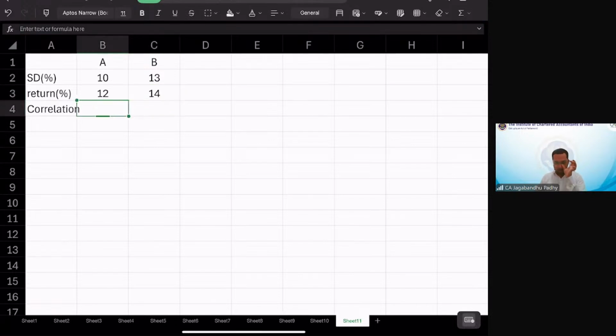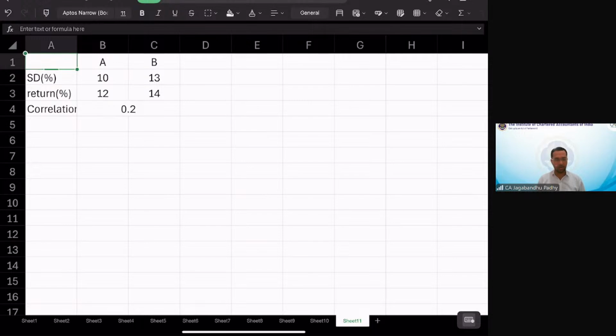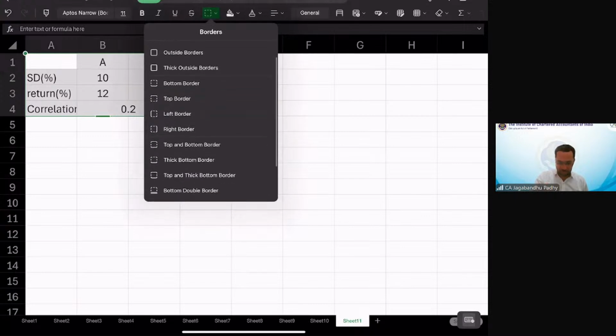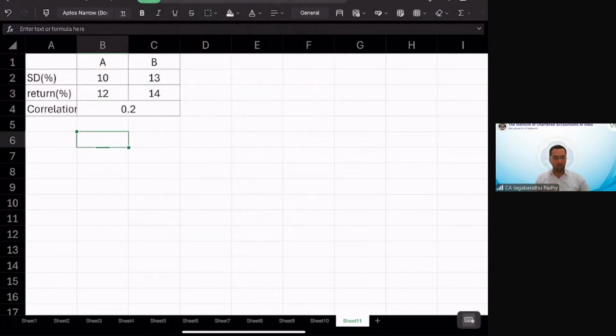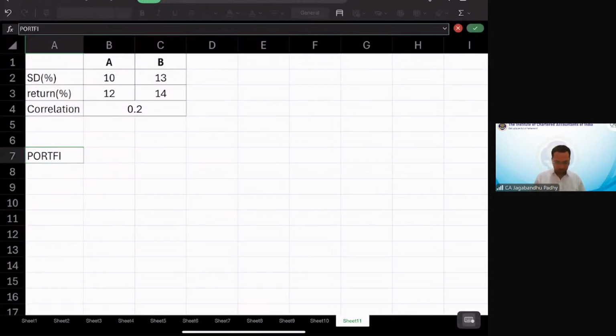And we definitely have the correlation between both of them. Let us assume the initial correlation to be 0.2. This is just an example I'm taking for our understanding. We're going to observe a really interesting phenomenon of portfolio by way of a graph, and you will really like it. So standard deviations are 10 and 13, returns are 12 and 14, and correlation is 0.2. Now let me create certain portfolios.